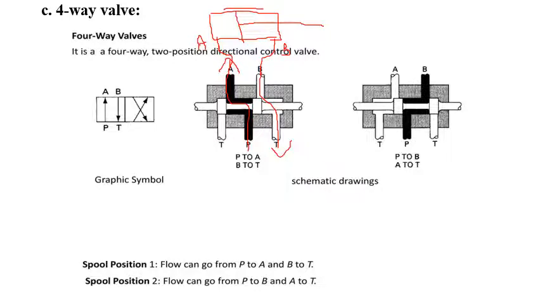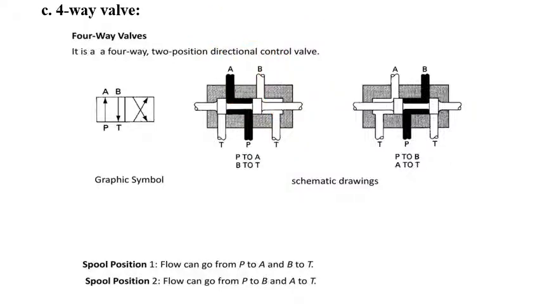Extension of the cylinder happens here. Once the pump is connected A, the force of liquid act like this. Whatever the liquid accumulated over here, it goes like this towards a tank. And here this is the extension position of the cylinder.